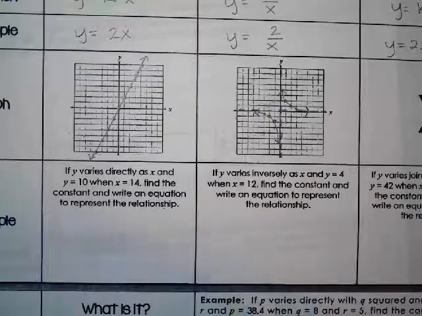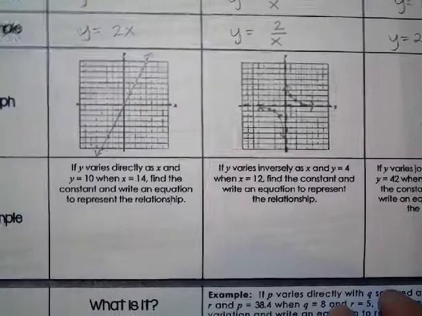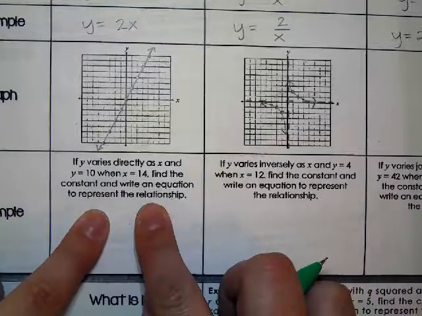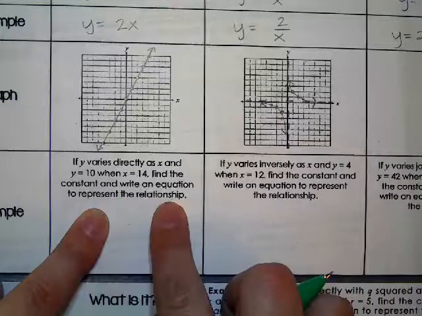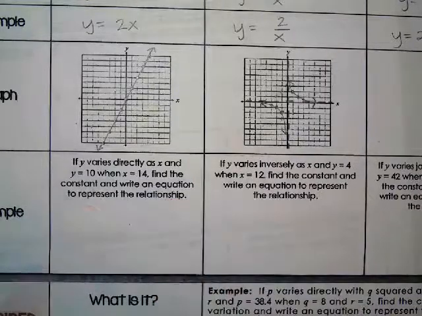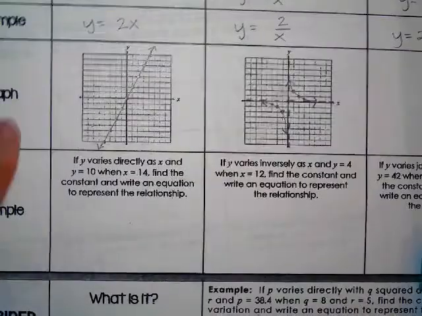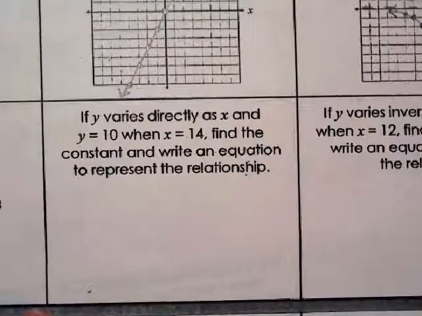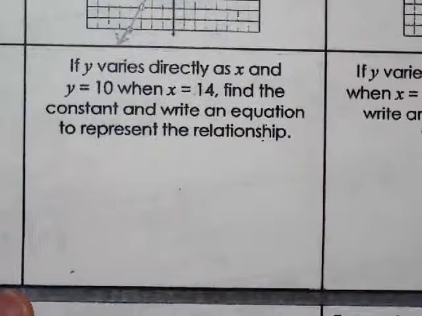So go ahead and take a second and write this down, and I want you to write all the words, and I don't want you to shorthand it because I want you to have a really good example of what it looks like when they write out one of these problems. So I'm going to zoom in so you can see all the words. And if you did not get a chance to print this, I want you to write all the words out for this one, so you have a really good example of this, okay?